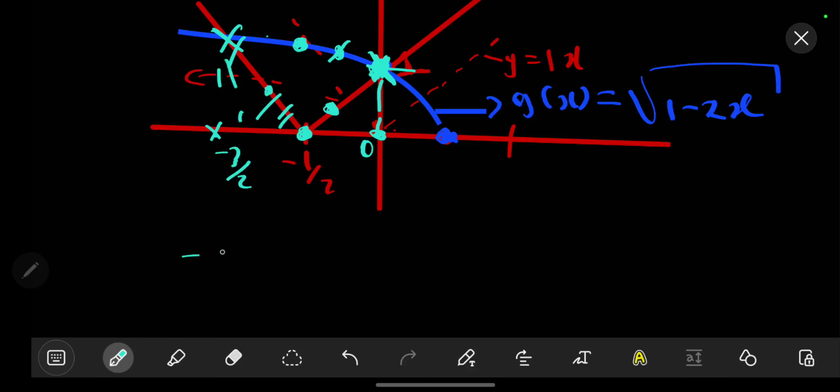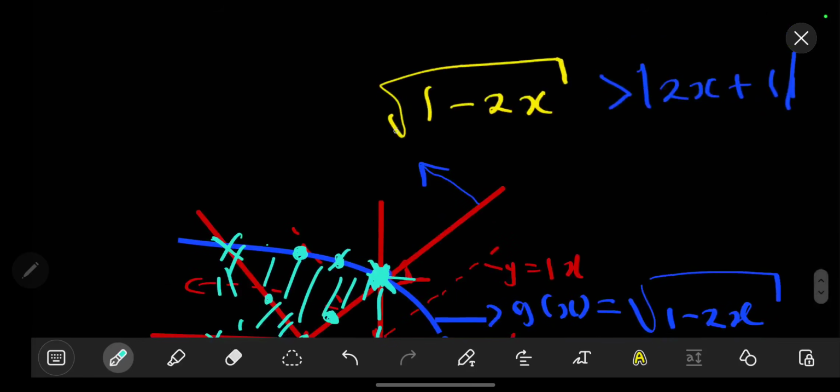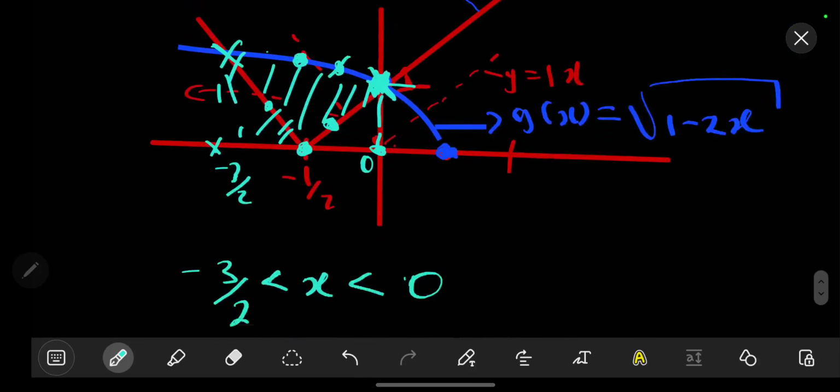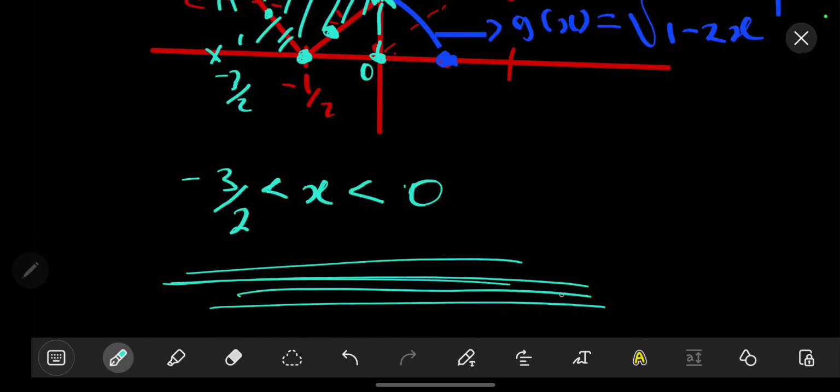So we are going to say -3 over 2 should be less than x, while x should be less than 0. So at this interval, this radical equation is greater, just as I have said. So this is the answer for that one.